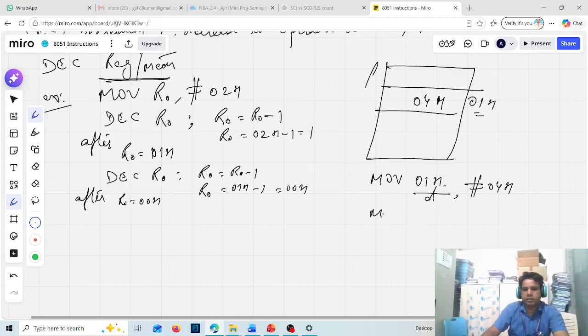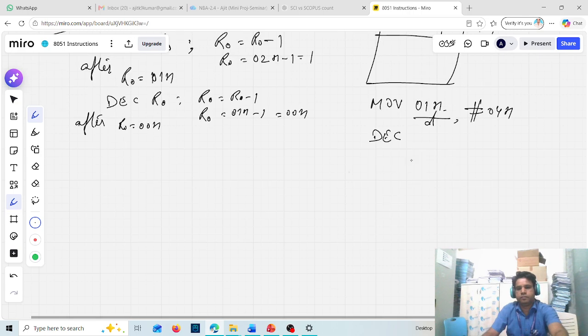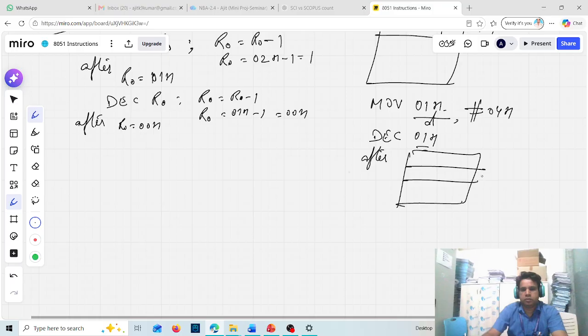And let's say I've written here the DEC instruction, DEC 01H. Now this 01H is the memory address whose value is 04. So after executing this instruction, the value of this 01H memory address will become 03H. This is how you can do this operation on memory address data also.